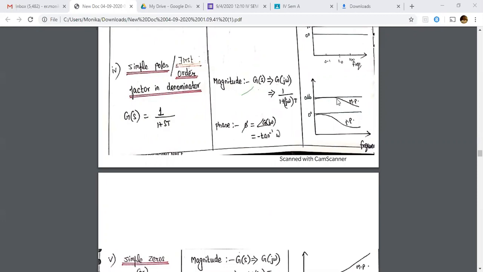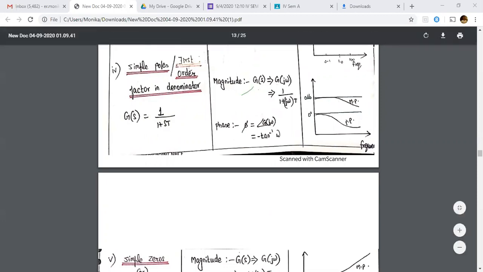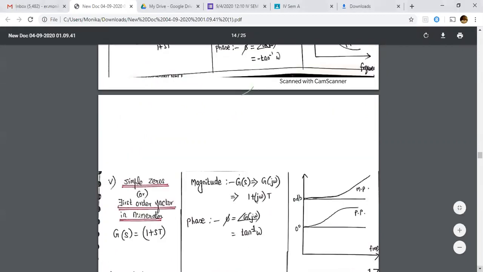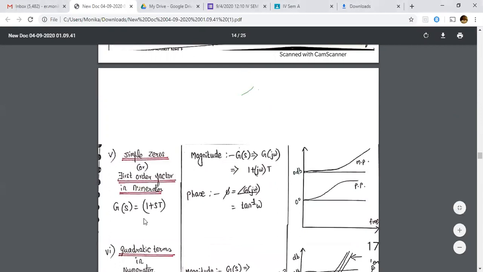Similarly, what is the phase angle? Of course, phase angle is also the same way. Now for simple zeros, that means when you have a term in the numerator like 1 plus sT, again the magnitude plot is divided in two parts. One is low frequency region, other is high frequency region.